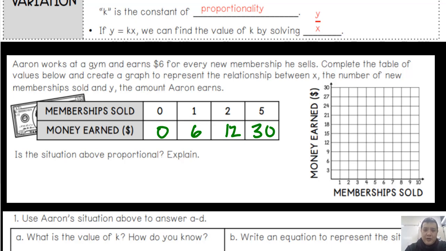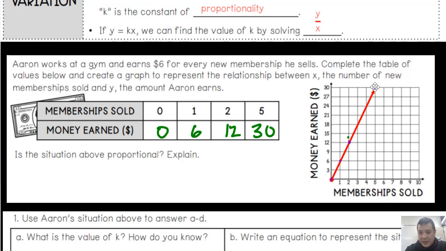Is this situation proportional? If we take a look at a graph of that, we would find that we have points at (0, 0), (1, 6), (2, 12), and (5, 30), and it should look like that.